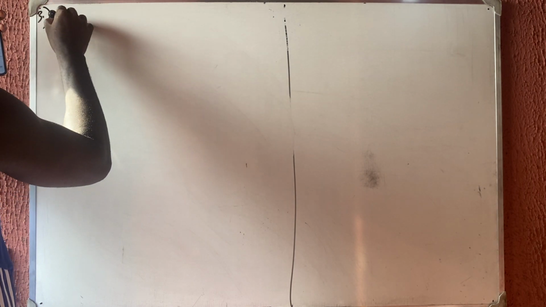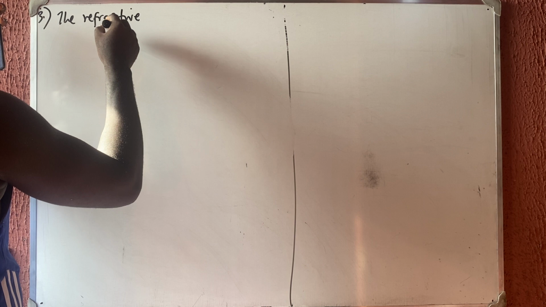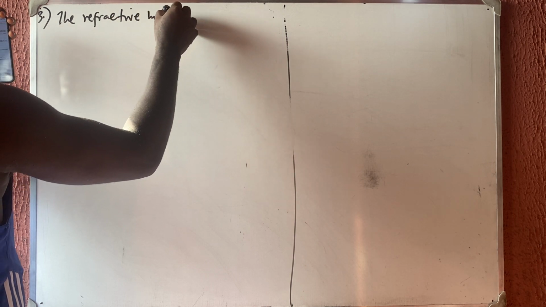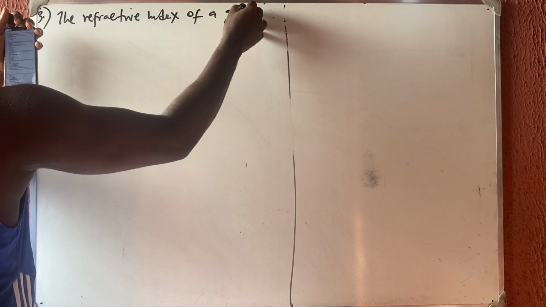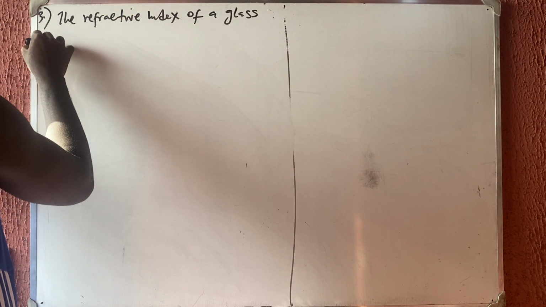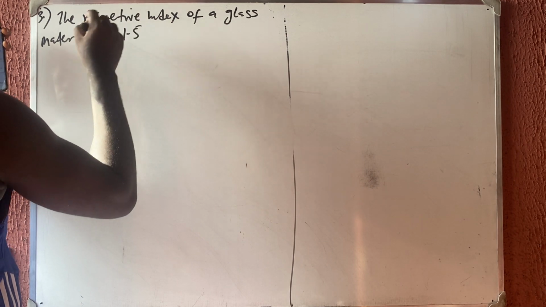said the refractive index of a glass material is 1.5.